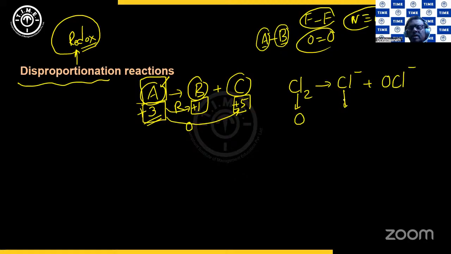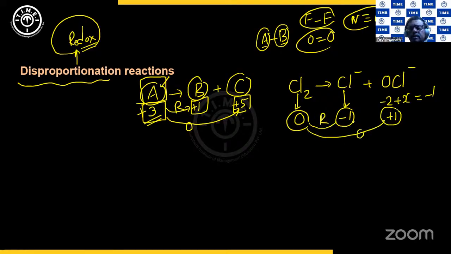For chloride, we said whatever is the charge on the atom or ion, it's -1. This we can calculate for hypochlorite: oxygen is -2, chlorine is X, and the whole thing is equal to -1. So this is +1 now. So what has happened to the 0? The 0 has undergone reduction as well as oxidation. Clear? So this is a disproportionation reaction. This will happen in cold alkali.